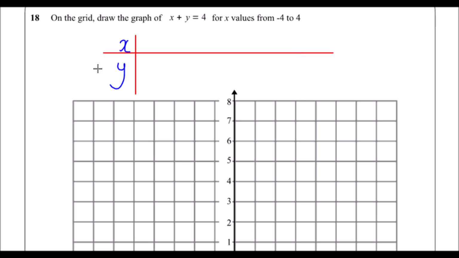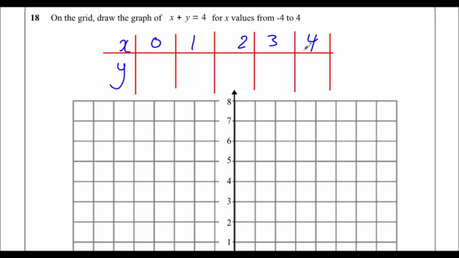Sometimes they do, and it looks something like this. We could do all the values from -4 to +4, but we don't actually have to. I'll just do 0 to 4.